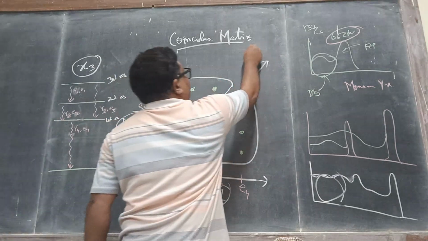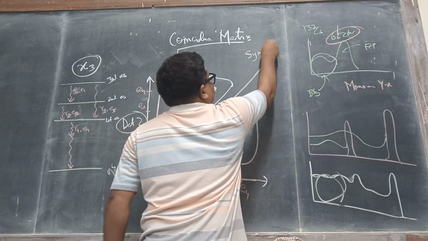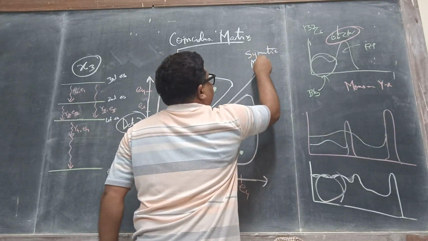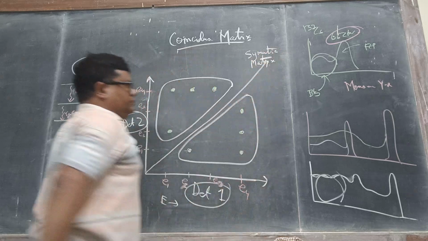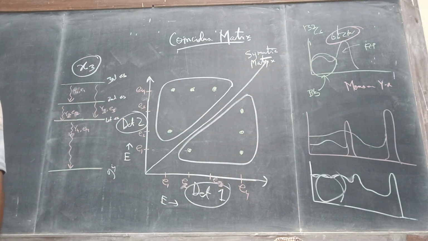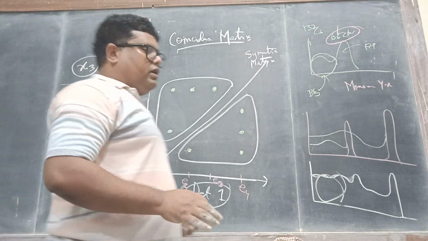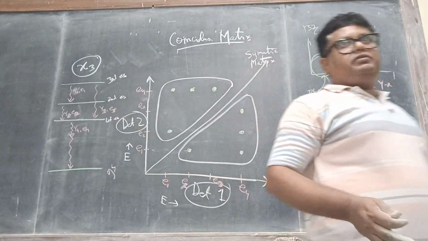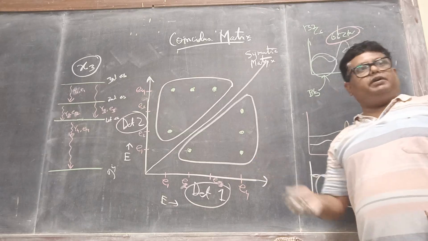So we are talking about a symmetric matrix. Try to write down whatever I am saying. All these things will come in the examination. I am telling you, it will be coming.